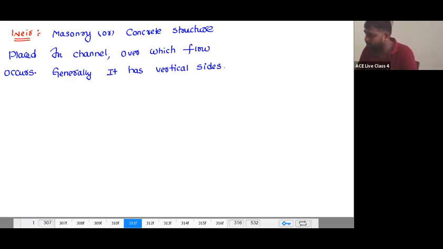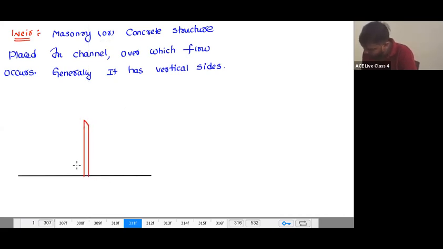So now let's see that weir. This is a channel bed, as we have discussed earlier. Here, this is a weir, and generally it is going to be a vertical shape, as I just mentioned.